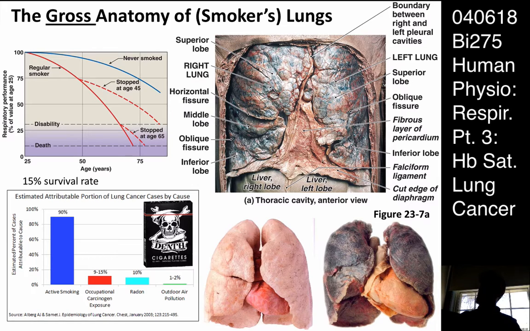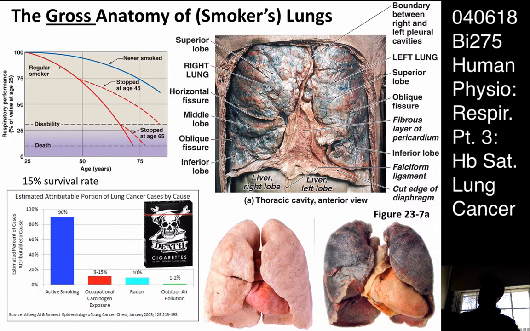We see here this red curve, this rapid decline. If you stop smoking, you are able to change the speed at which you lose respiratory capacity, and the slope of the curve is parallel to the slope you would find with normal aging. However, you never recover the capacity that you lost due to your smoking.